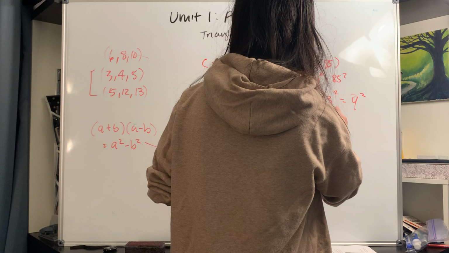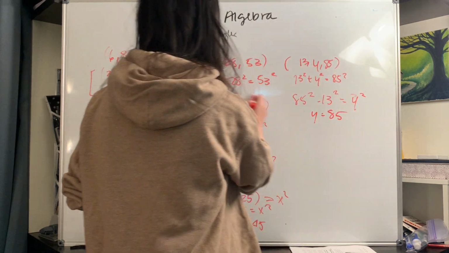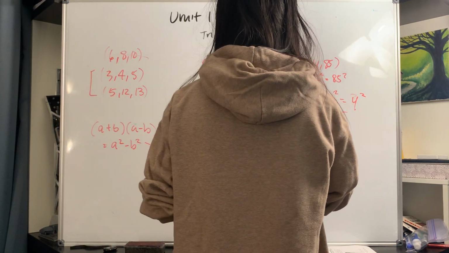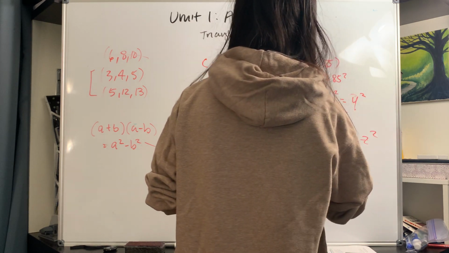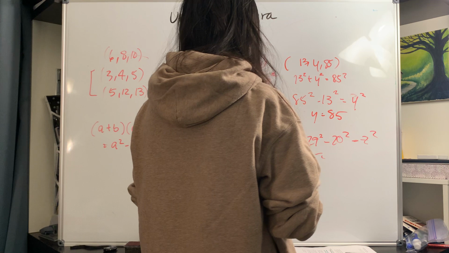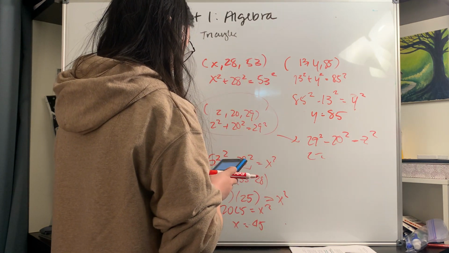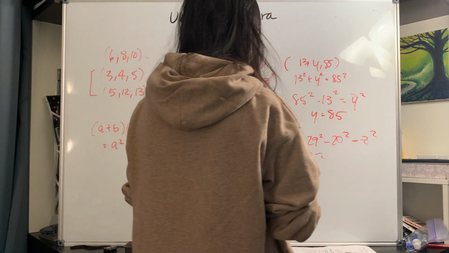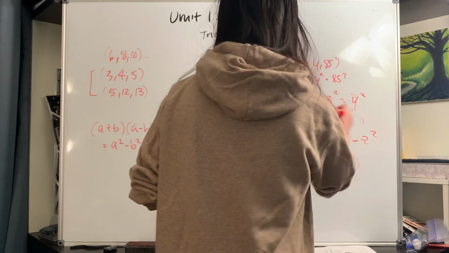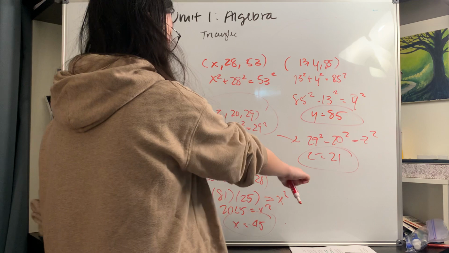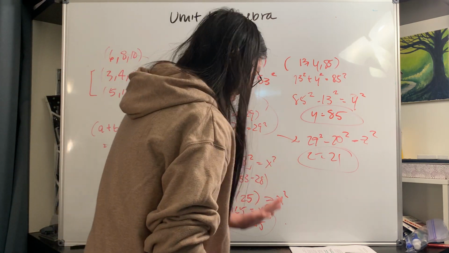Y is equal to 84. And for z, 29 squared minus 20 squared is equal to z squared. Z is equal to 21.